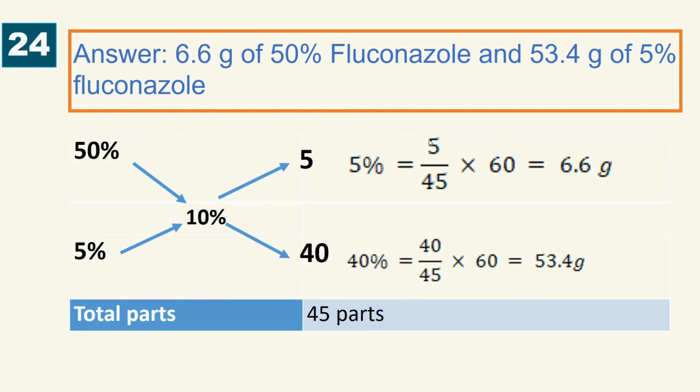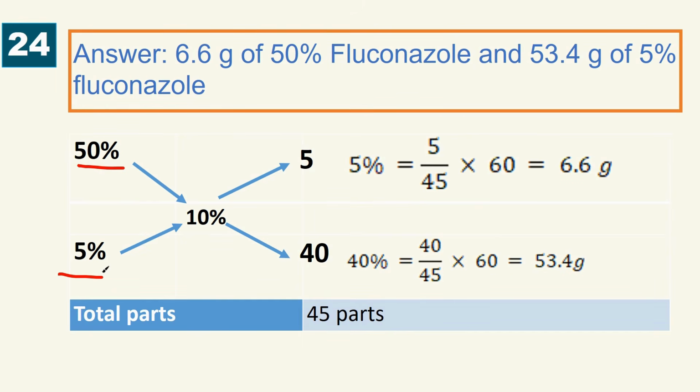So this problem can be solved by the alligation method. In alligation, always you have to arrange them and place in the middle the desired concentration, that is the concentration that you are aiming to make in that preparation. And then on the left hand side, you place the concentrations that are already present in your pharmacy.